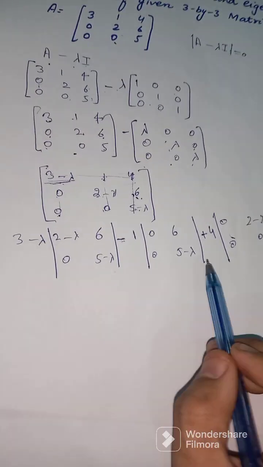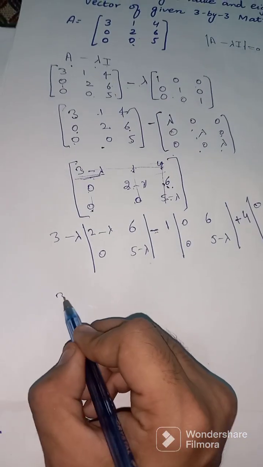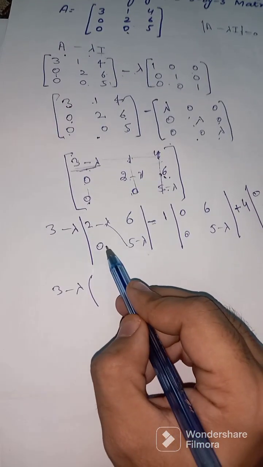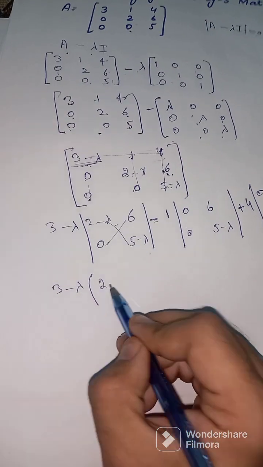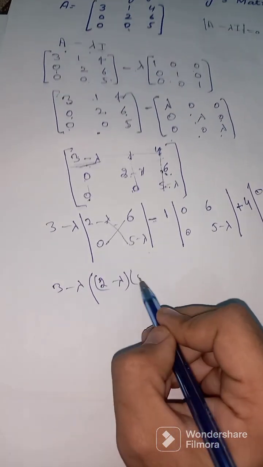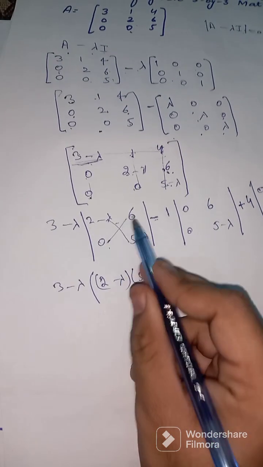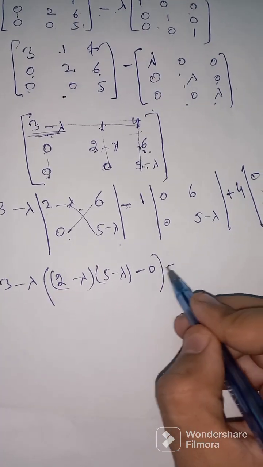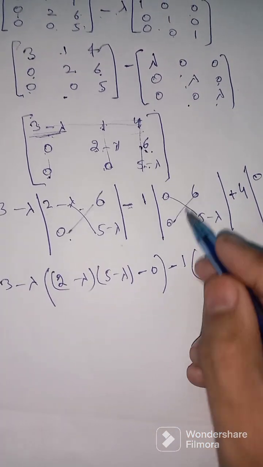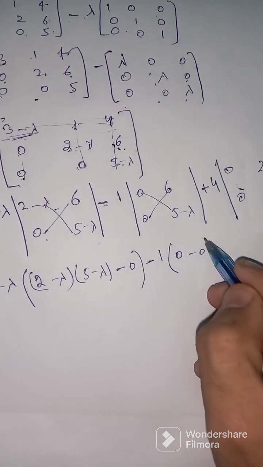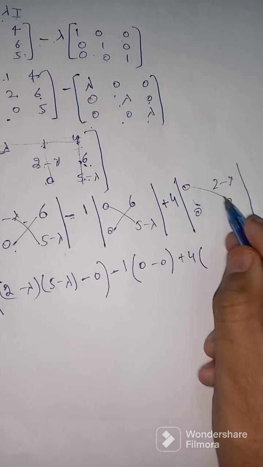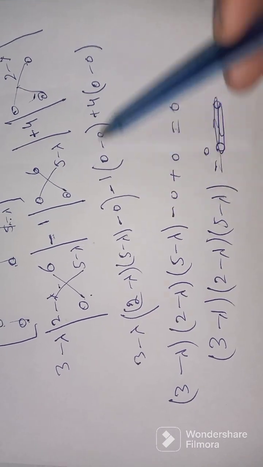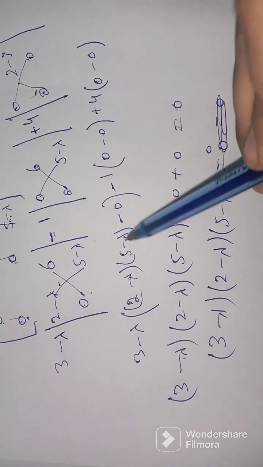So evaluate all these, you will get 3 minus lambda, multiply these two and these two with the minus symbol, 2 minus lambda, 5 minus lambda minus 0 times 6, that is 0, minus 1, these you will get 0, minus 0, plus 4, 0 minus 0.